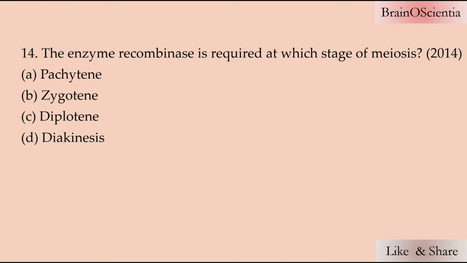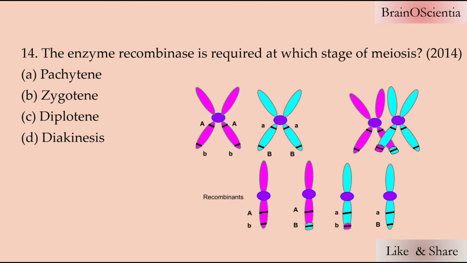The enzyme recombinase is required at which stage of meiosis? We know meiosis comprises meiosis 1 and meiosis 2. In meiosis 1 there are prophase 1, metaphase 1, anaphase 1 and telophase 1. Prophase 1 is further divided into some sub-stages.